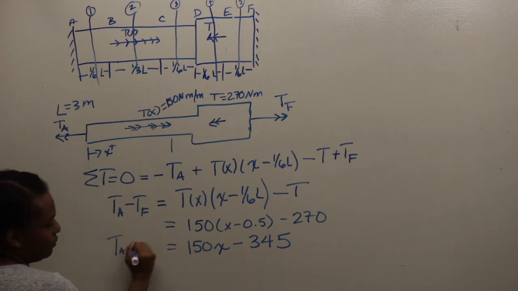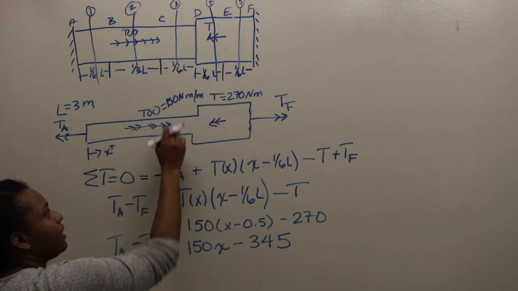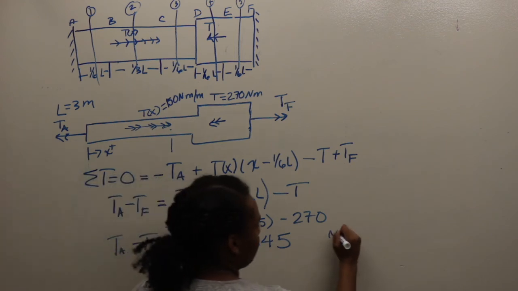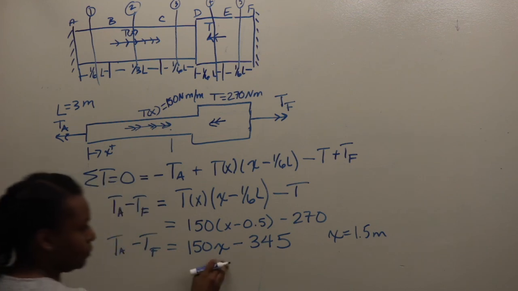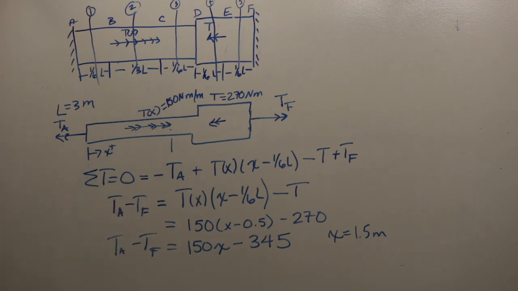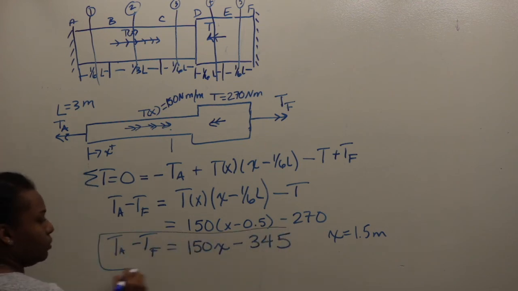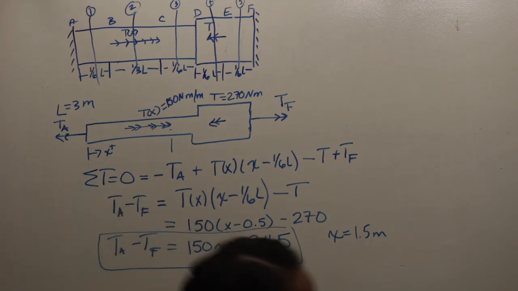So the reactive torques will equal that. And eventually x maximum, because our x of interest may be at 1.5, so x eventually will equal 1.5 meters. And then we'll plug that in there. So next we want to do, so this is the equilibrium equation for the whole shaft. Next we want to do it for the individual sections.